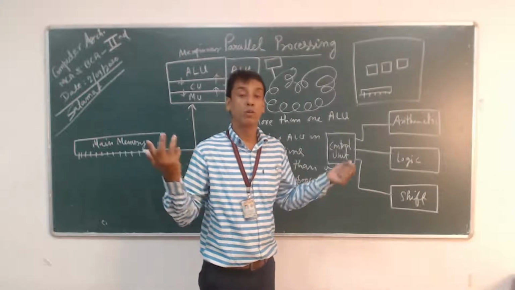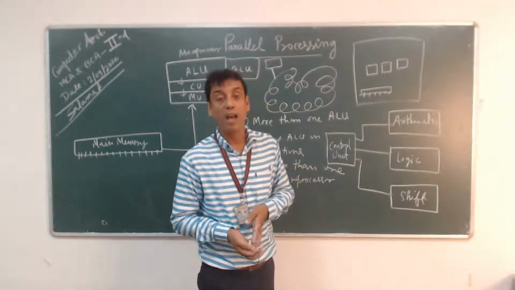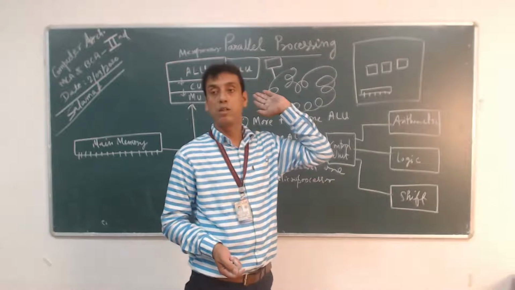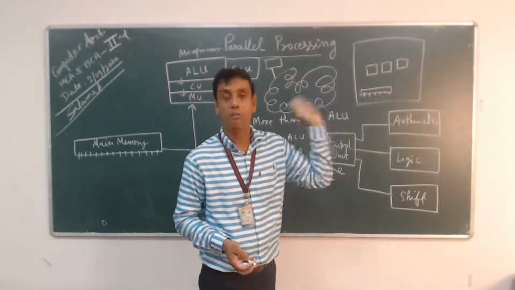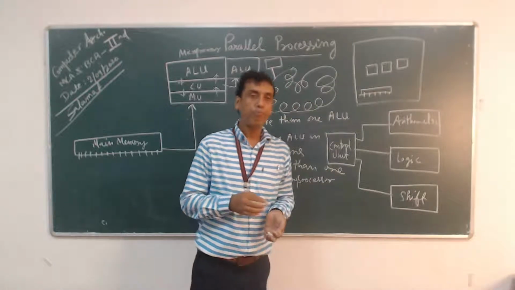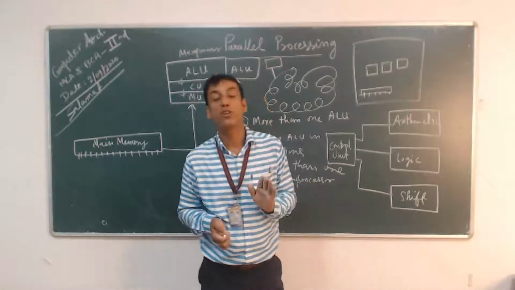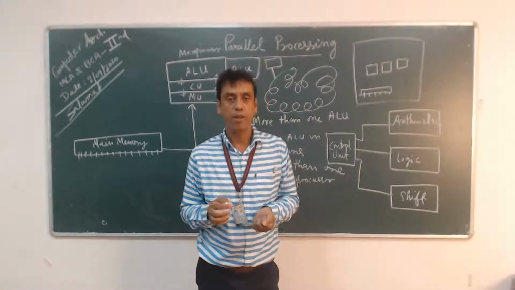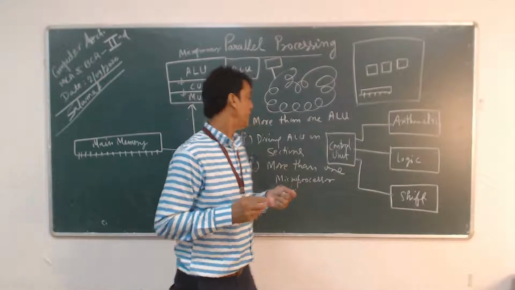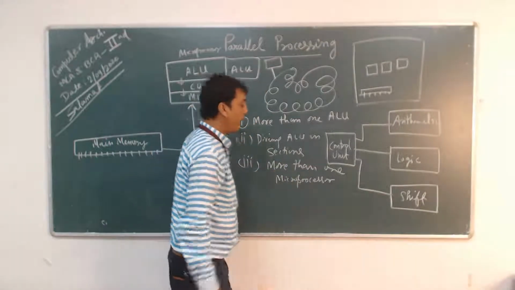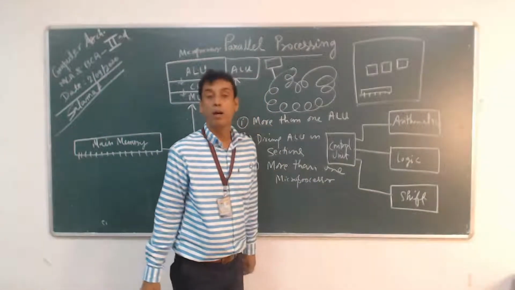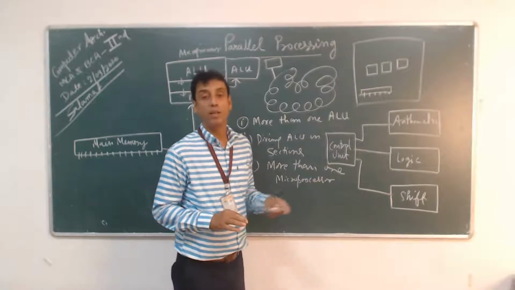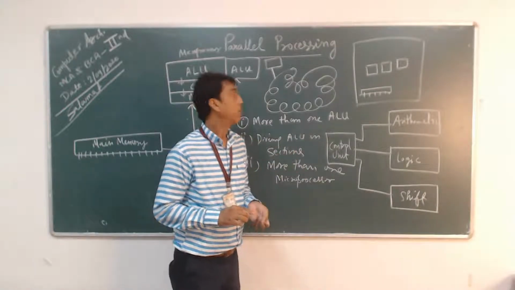What to talk about mainframe computer? It will have a list of slots to put a lot of RAMs, so that there should not be shortage of main memory at any point of time. So this is one more possibility of applying parallelism in computer science.